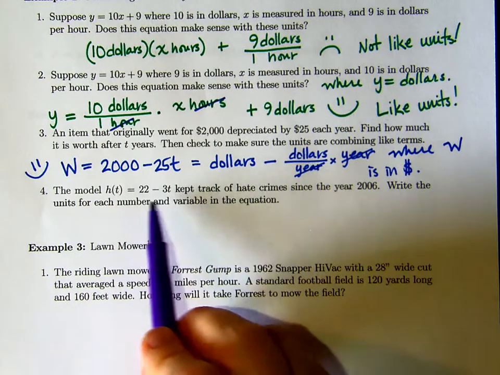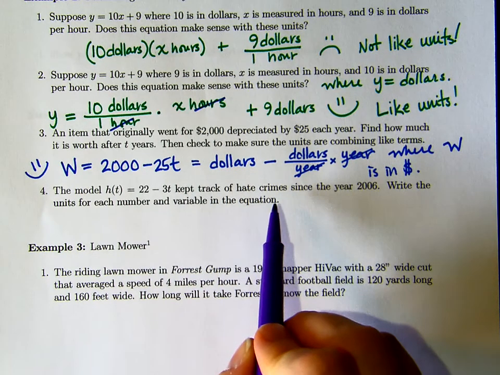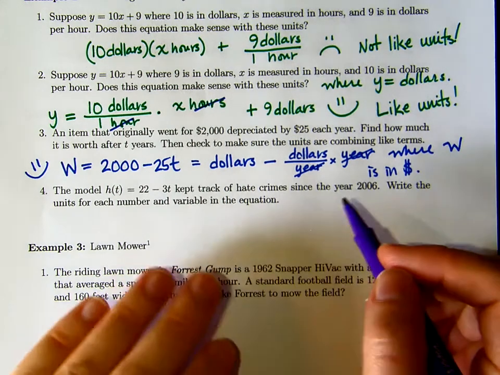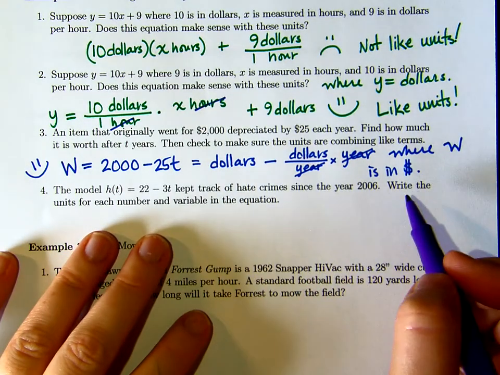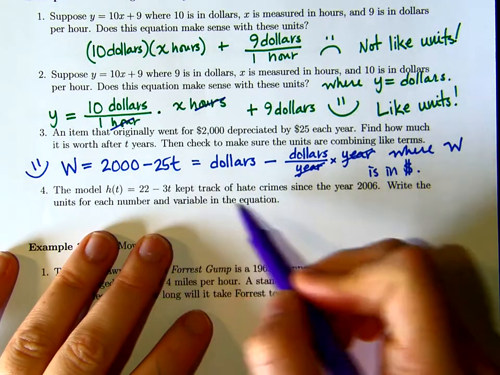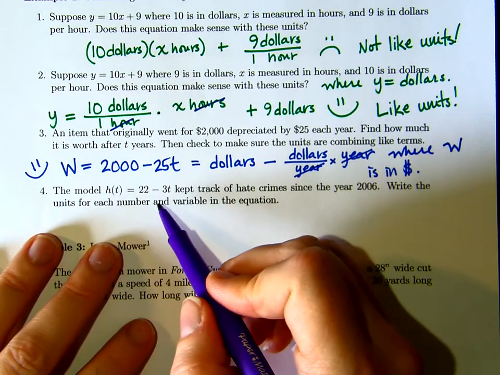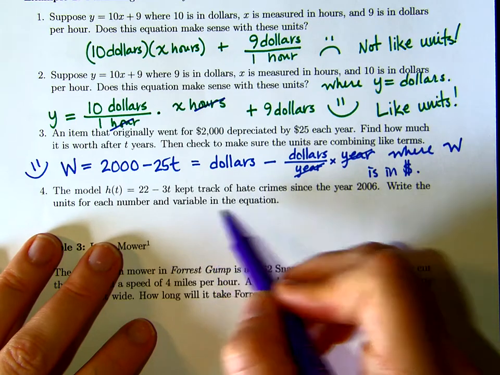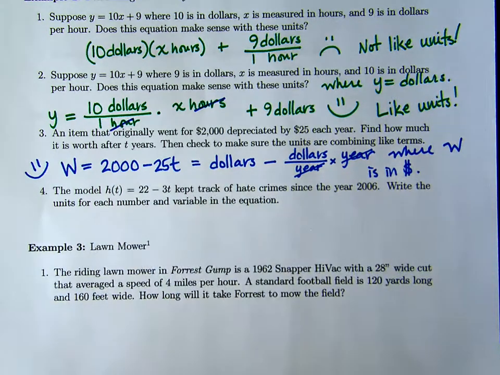It would be interesting to track this with the real FBI database to see what's been happening more recently. Anyway, write the units for each number. Okay, so here's our model. And write the units for each number and variable in this equation to make sure it makes sense.